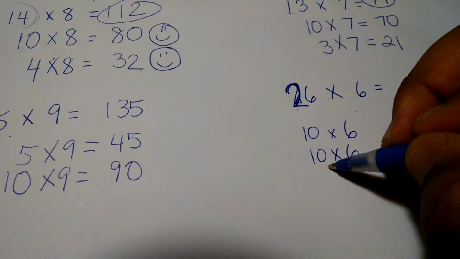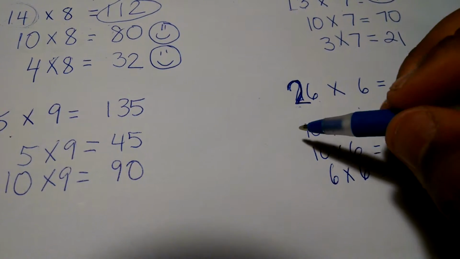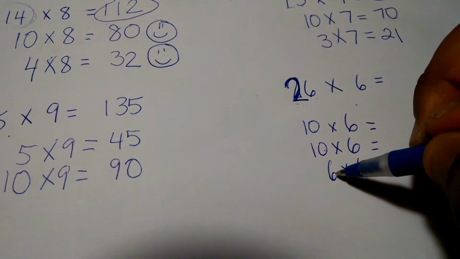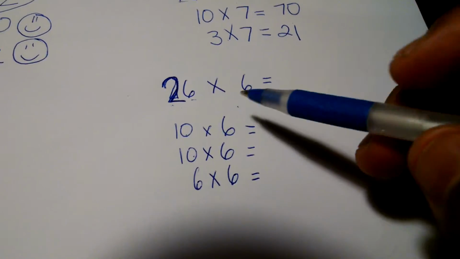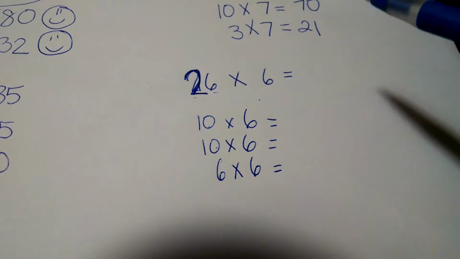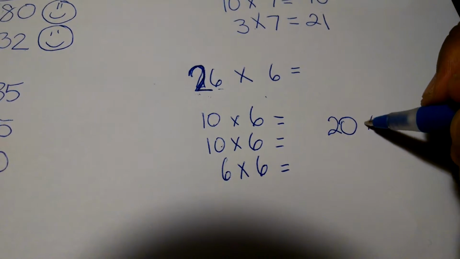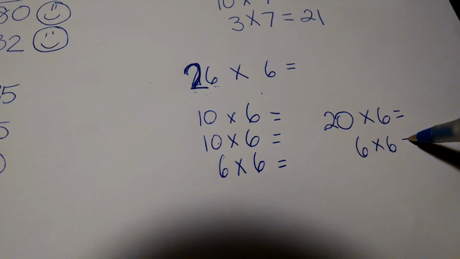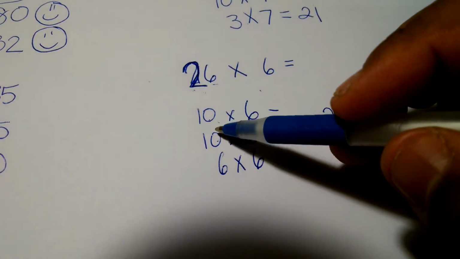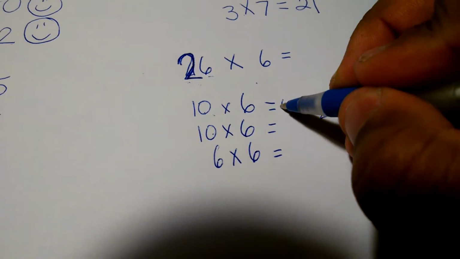And then you have 6 times 6. Okay, so you have 10, 20, and 6. 26 times 6. Or you can keep the 20 as a whole part. 20 times 6 and 6 times 6. Either way, you should get the same answer.